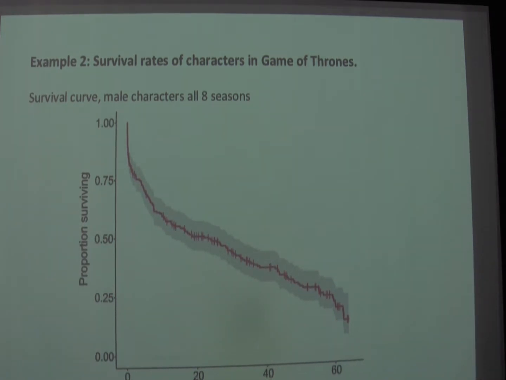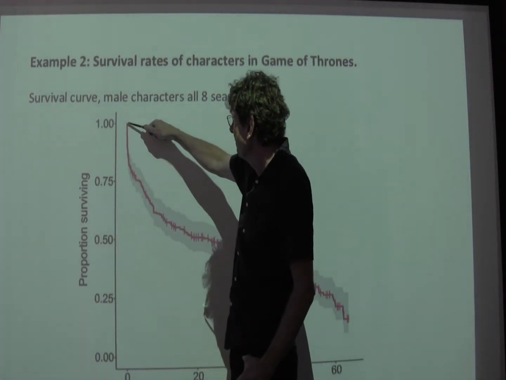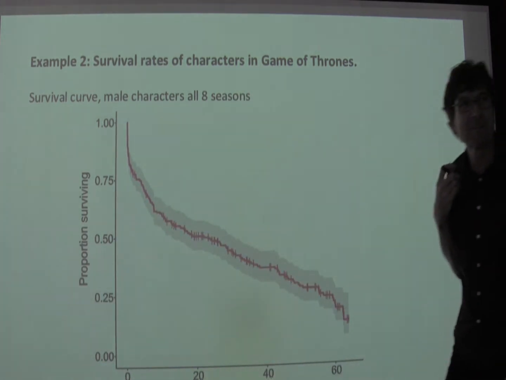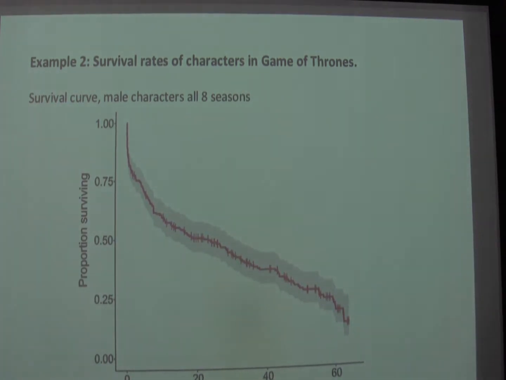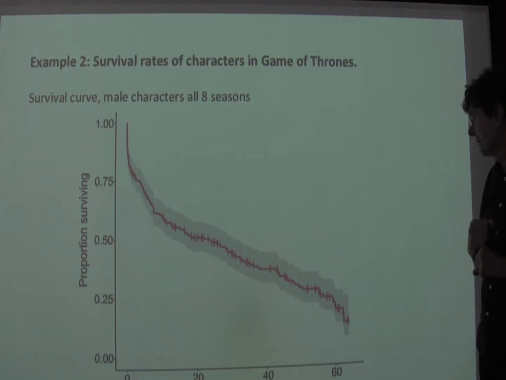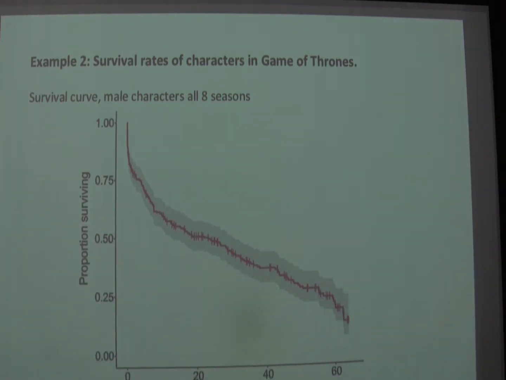I can't remember, 62 or 63 or 64. And what a survival curve is, well, it is what it says. It's the proportion surviving. And likelihood is used to estimate parameters that describe these survival curves, and that's what we're going to do.